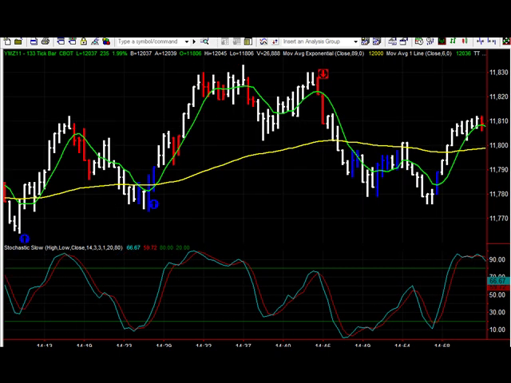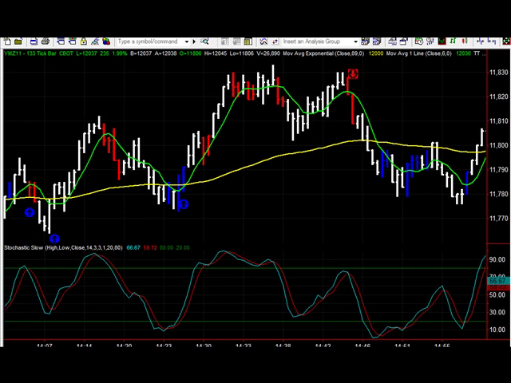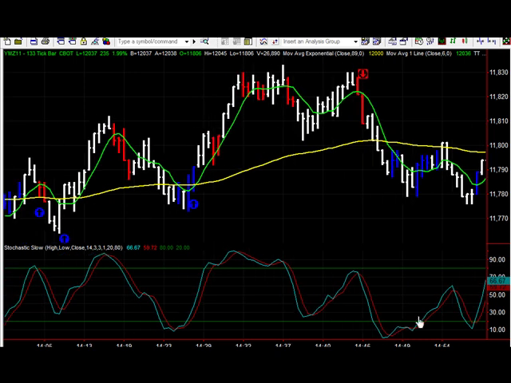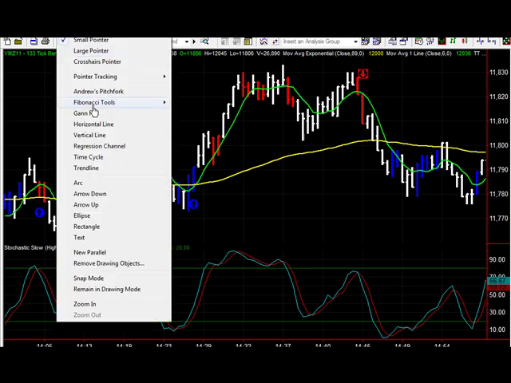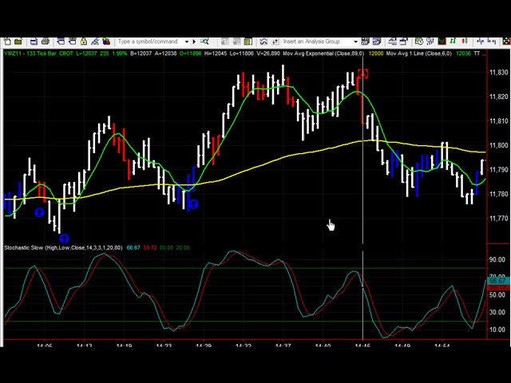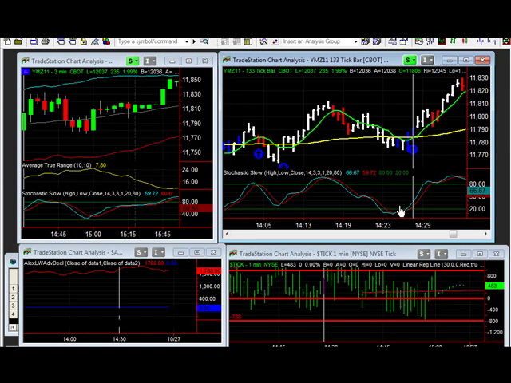The next thing to do to see where everything was is to go and look at your drawing and take what we call pointer tracking, and put it on global. So now we have a global pointer tracking and we want to see what everything looks like. Quickly, we center the global pointer tracking on the buy signal, for example. Then we look at the whole section of charts and you'll see everything pointed out.